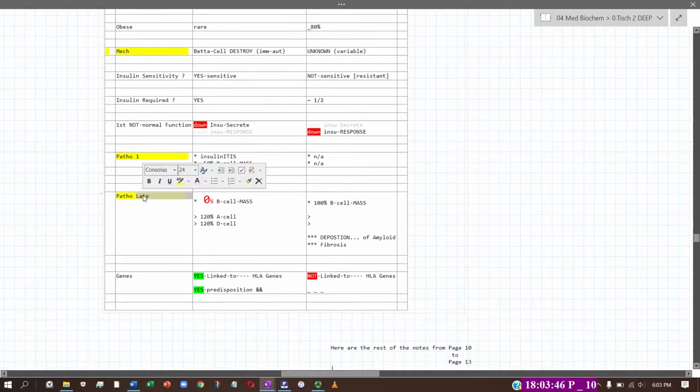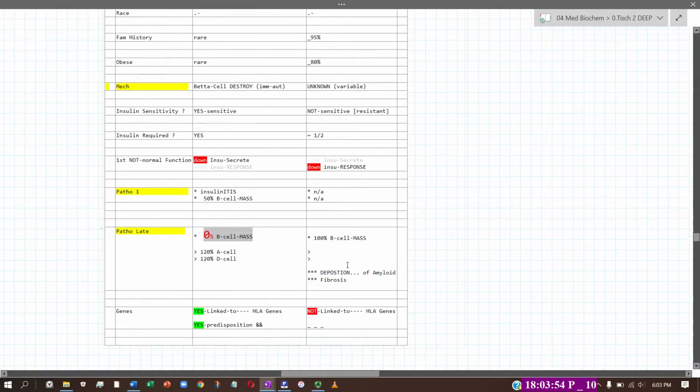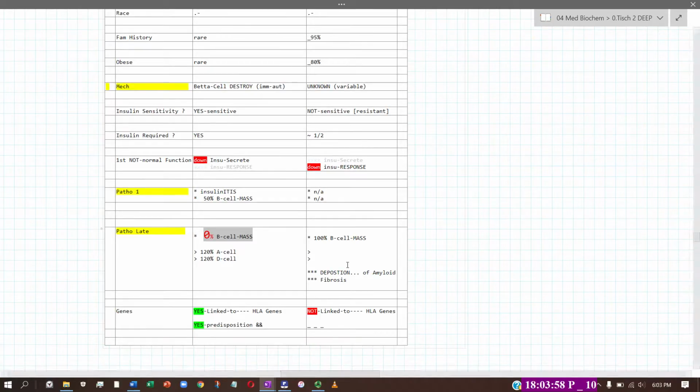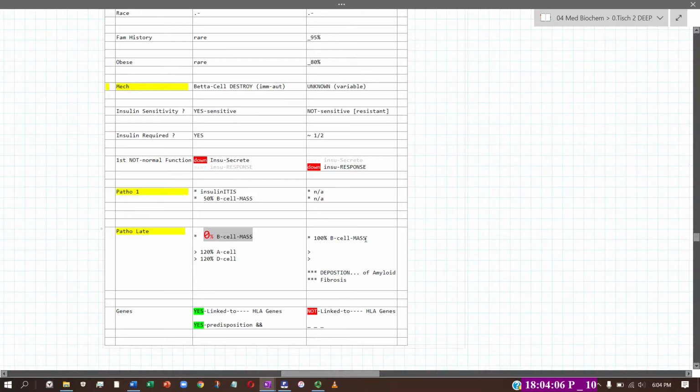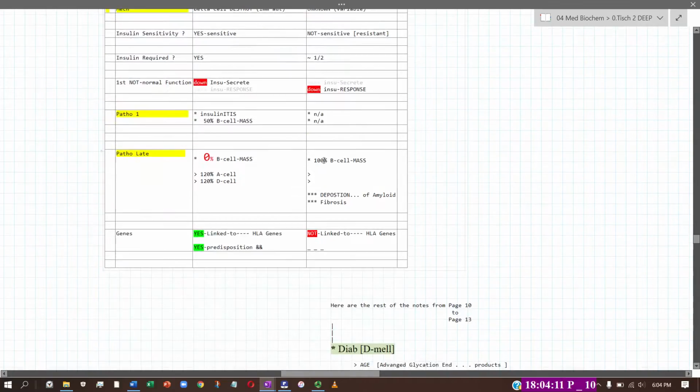So I was saying, let's focus also on late pathology. Here, under type 1 you go down to 0% B cell mass. So your population of beta cells gets eradicated, and now you cannot produce insulin. That's a hallmark of type 1 diabetes, as opposed to late pathology of type 2 diabetes.